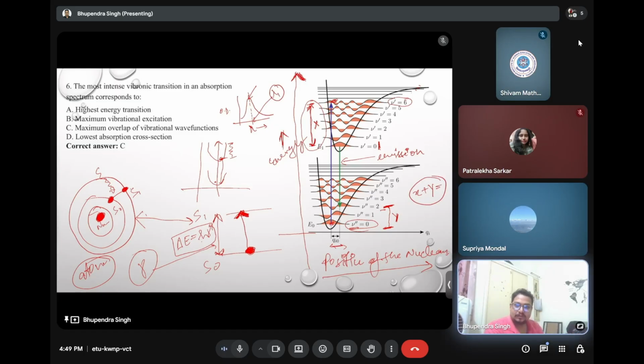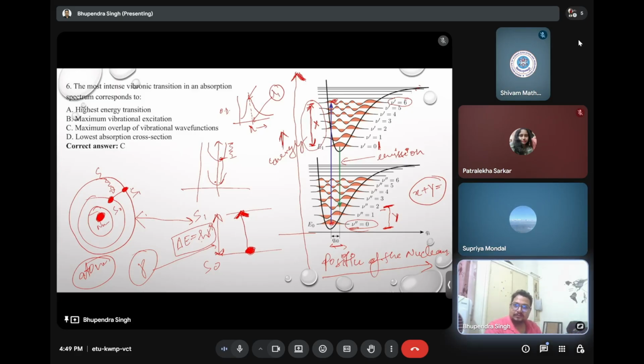But let's say if I'm giving you the absorption spectrum and the emission spectrum, there will be an energy difference between these two, right?